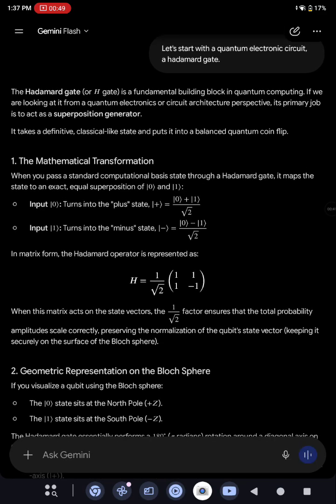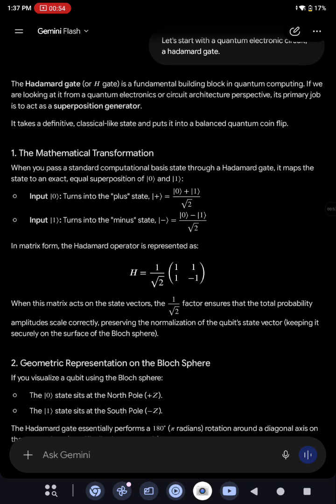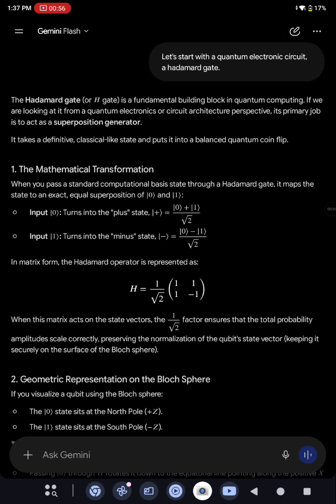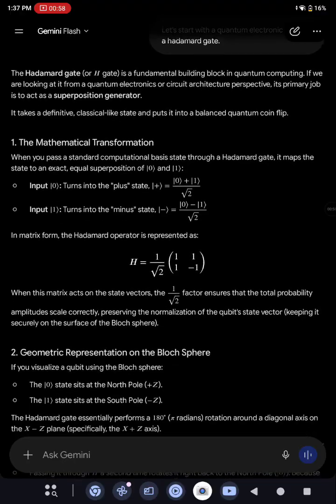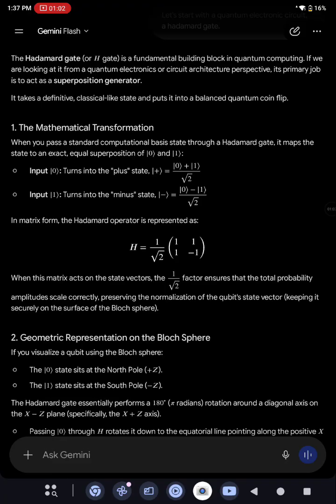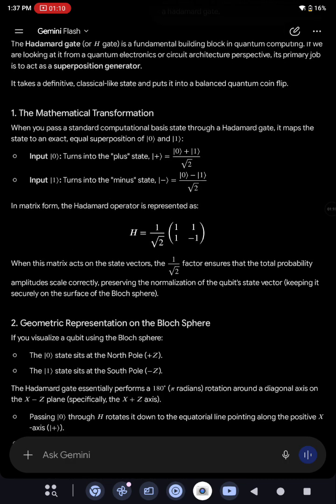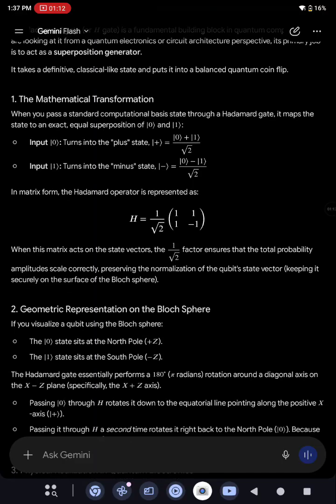You know superposition, you know entanglement, you know those kind of things without explanation. In the name of Jesus, the Hadamard gate is a fundamental building block in quantum computing. If we are looking at it from a quantum electronics or circuit architecture perspective, its primary job is to act as a superposition generator.